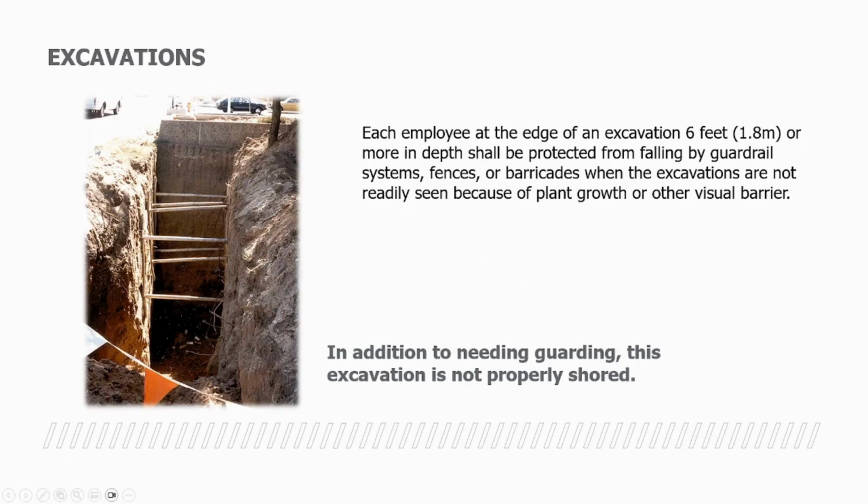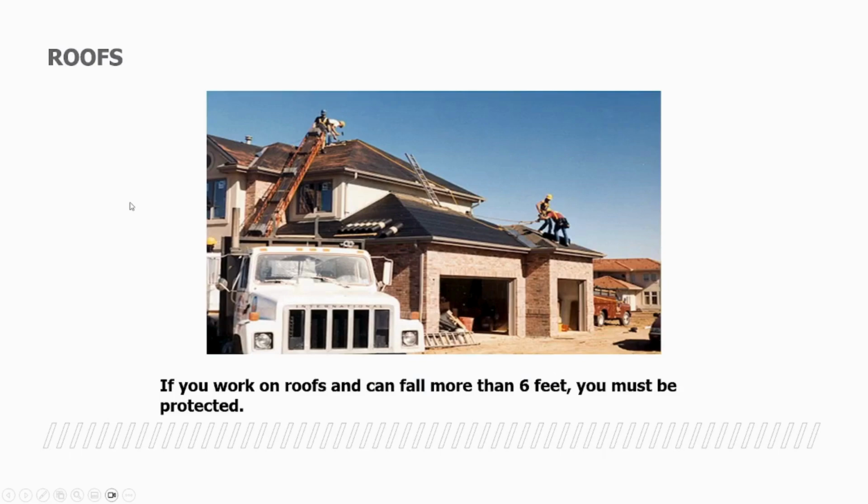So if you're going to be working around these edges, if you'll notice this particular opening, it doesn't have any type of flags, any type of guardrail systems or anything around it. So that is a very dangerous situation. Plus, there is no type of shoring inside of this trench area.